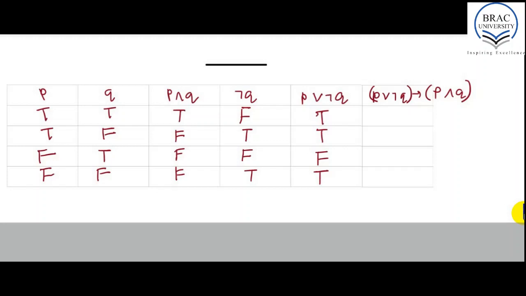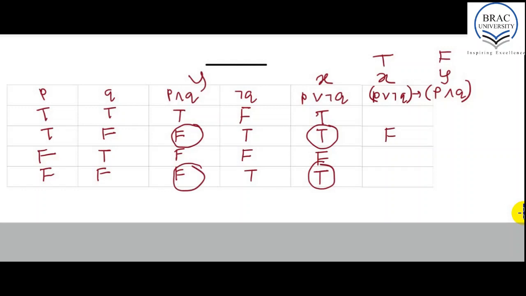Now we know that, let's say this is X and this is Y, so X implies Y. In this case, the false case is only when X is true and Y is false. So in this row X is true and Y is false, so this case will be false, and also in this row X is true and Y is false, so it is false, otherwise those are true.